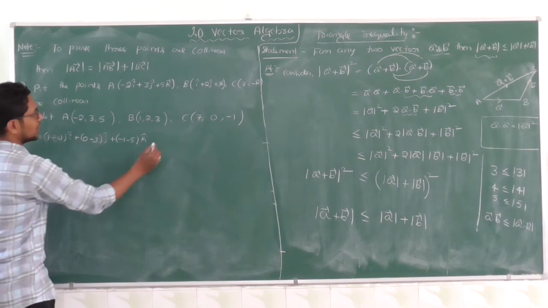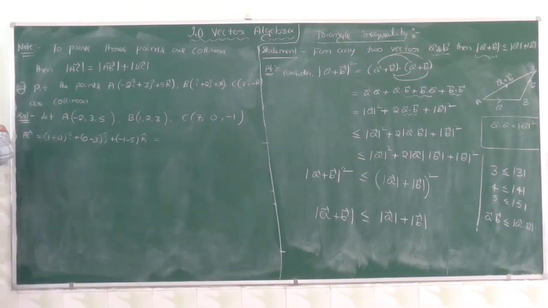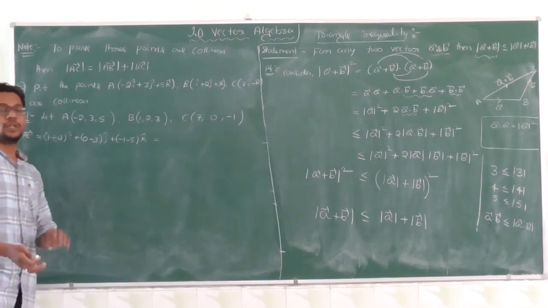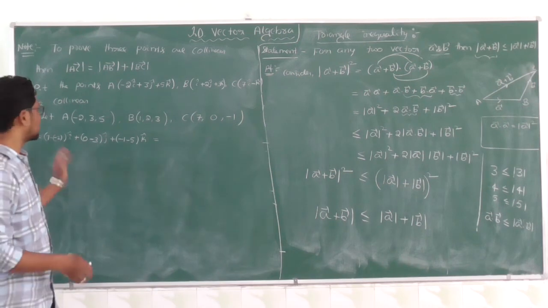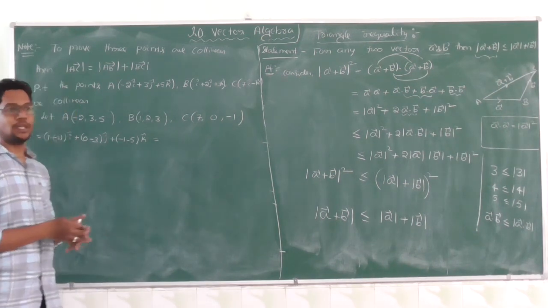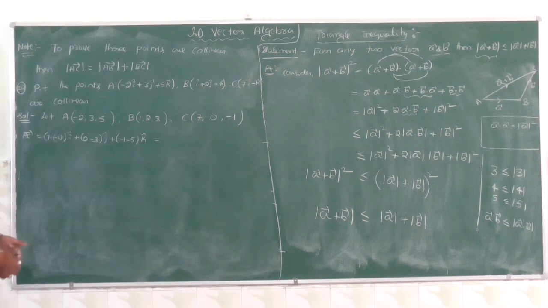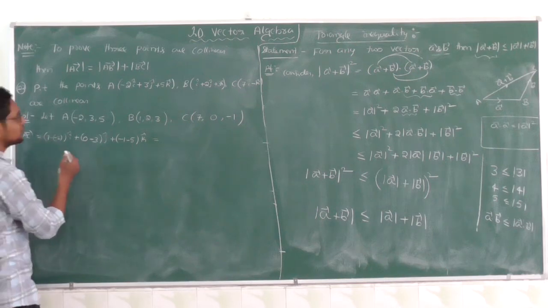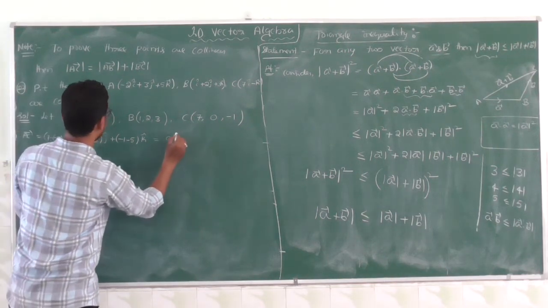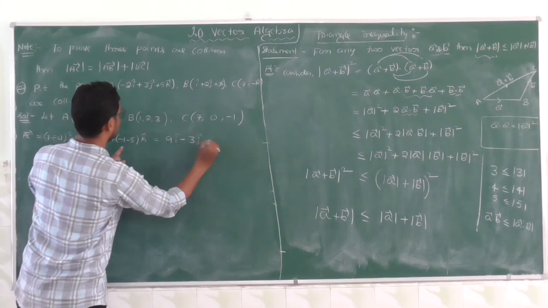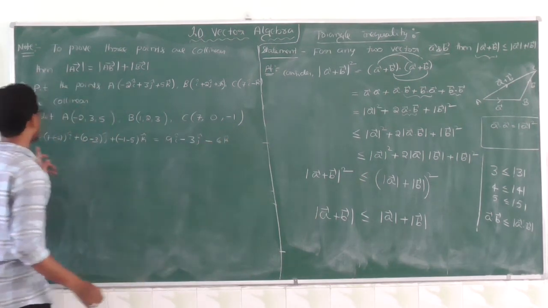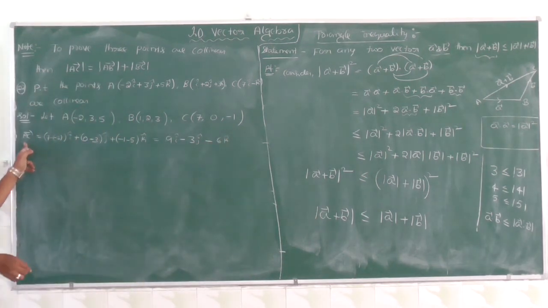We have already solved more problems regarding vector joining two points. I hope you understood well. 7 plus 2 is 9 i cap minus 3 j cap minus 6 k cap. It is the vector AC.